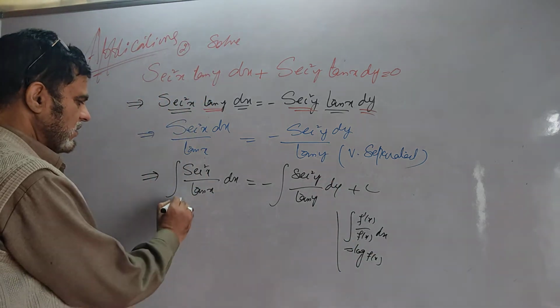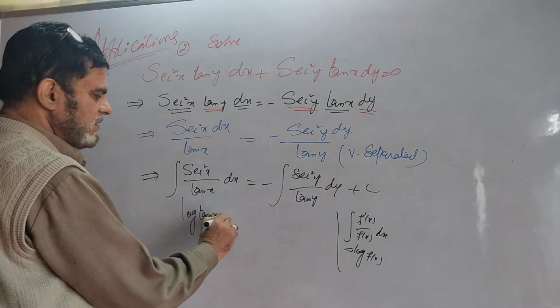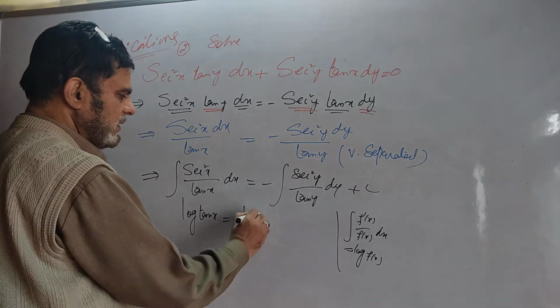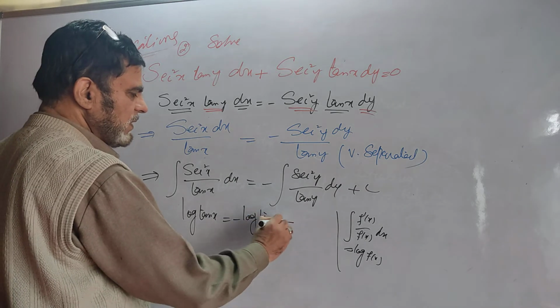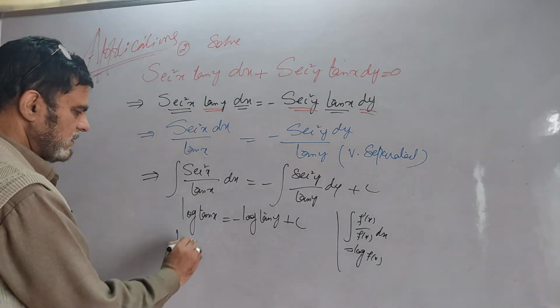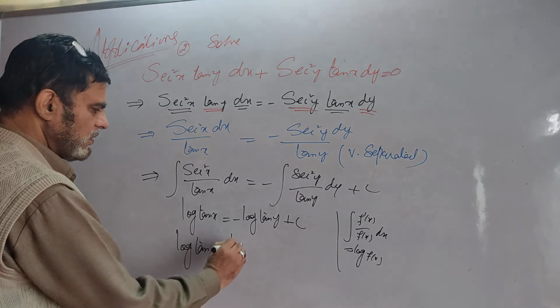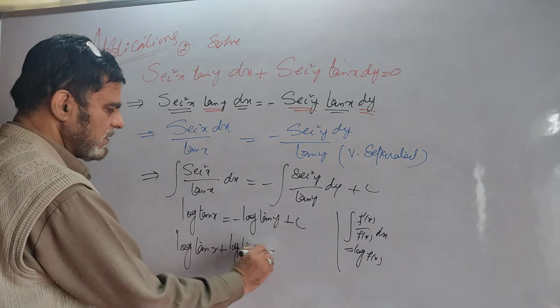So here you can write it as log of tan x is equal to minus log of tan y plus c. You can write it is log of tan x plus log of tan y is equal to c.